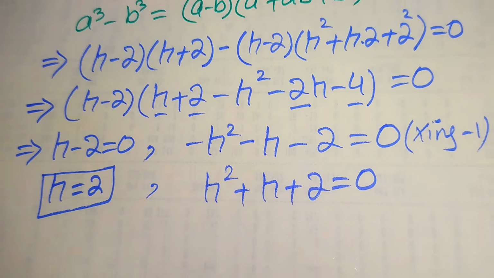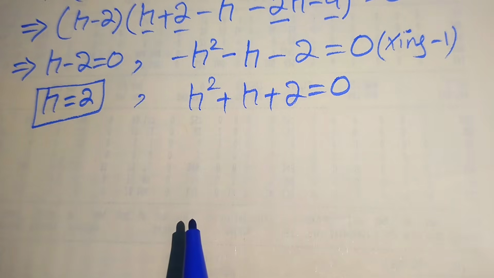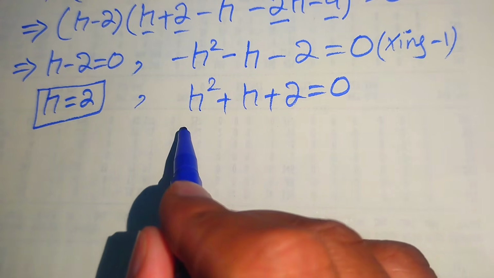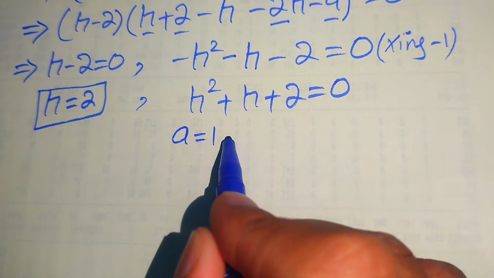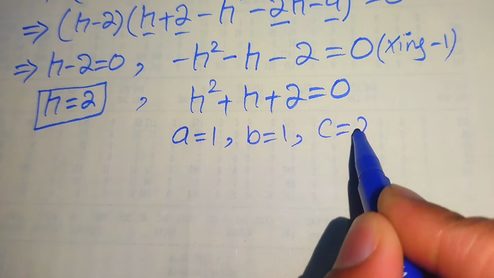So you see here this equation becomes a quadratic equation in the h variable, and here we apply the quadratic formula to solve it. First we need to write the coefficients of this equation: a is equal to 1, b is equal to 1, and c is equal to 2.